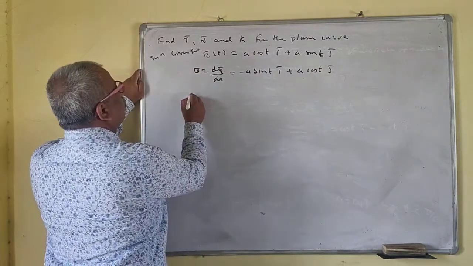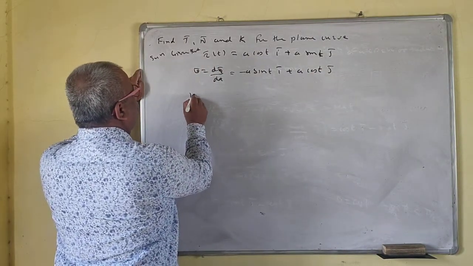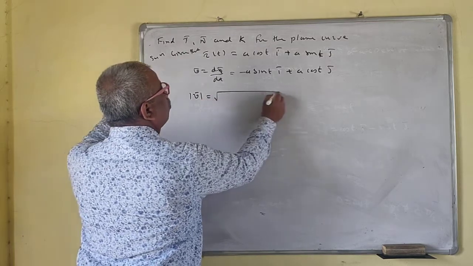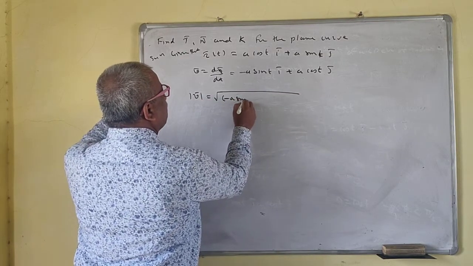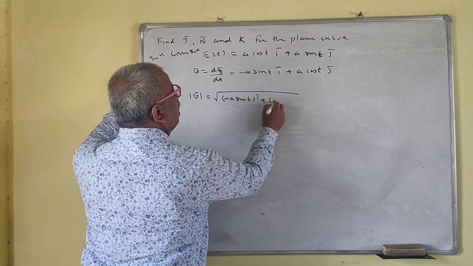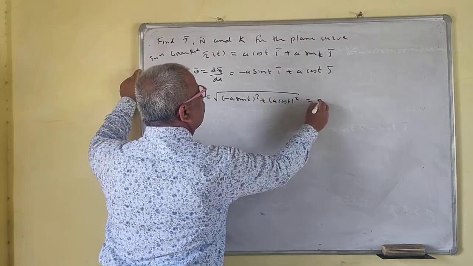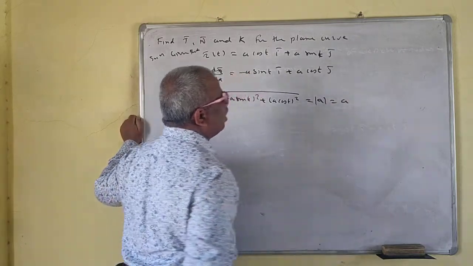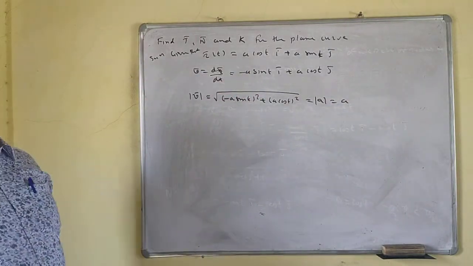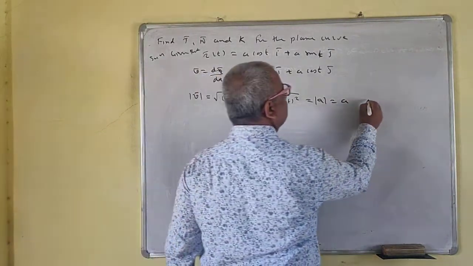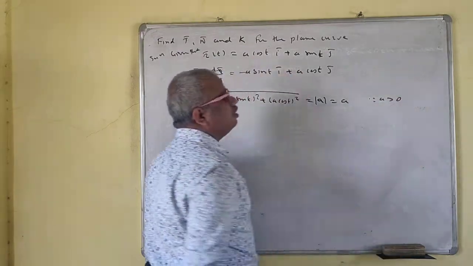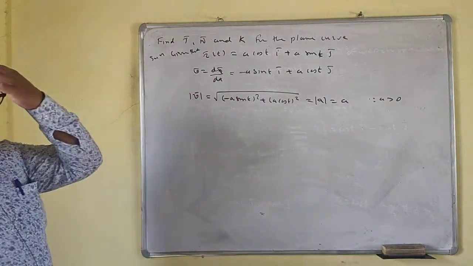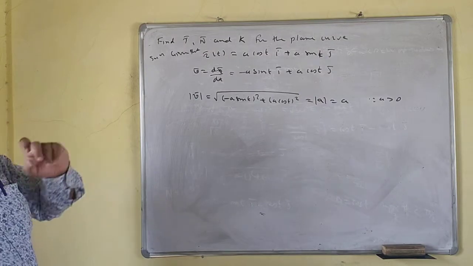Now mod of V bar is root of minus a sin t square plus a cos t square, which is a. Actually this is mod a, but a is positive because a is the radius of the circle. Since a is greater than 0, you can write a; otherwise you have to write mod a.